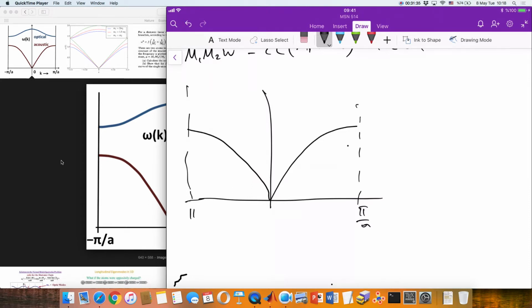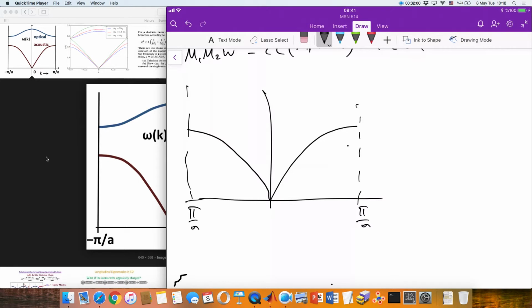This is what physicists call the first Brillouin zone. Okay, have you ever heard of it? Okay, it's a nice book. You can read the first few pages of it by Charles Kittel. You will get all these concepts that I don't have time to teach.